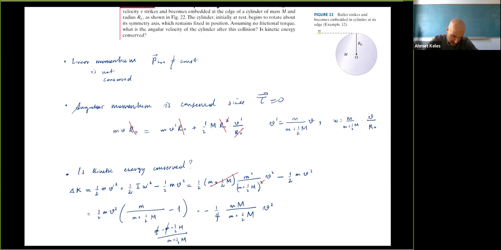Got it. This one is positive, this is positive, this is positive, and there's an overall minus sign. So this thing is less than 0.